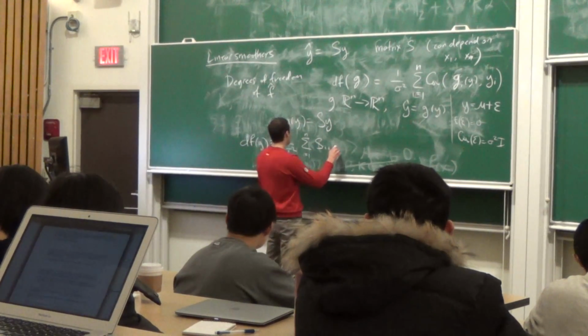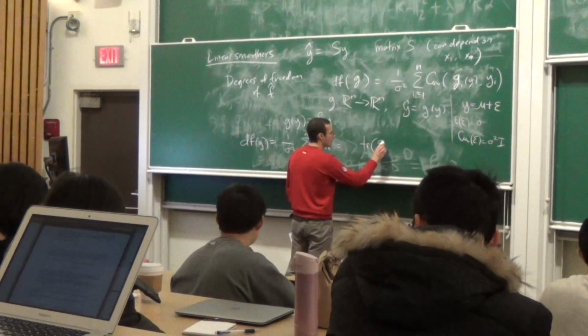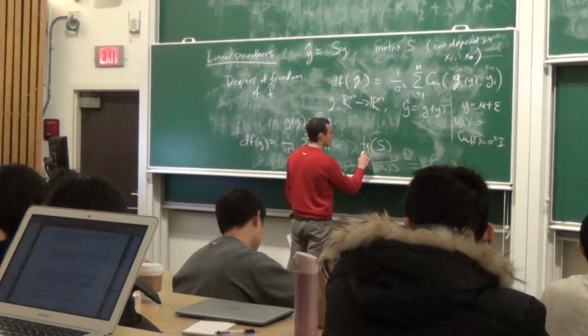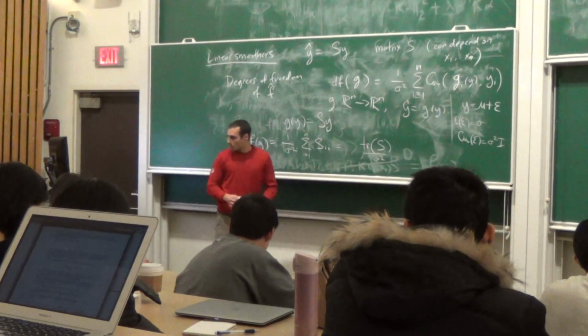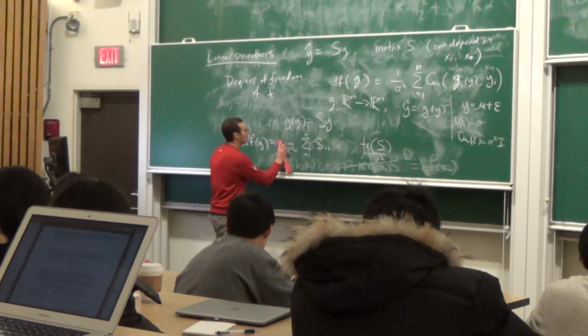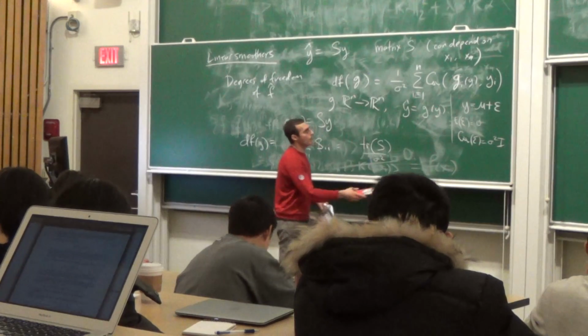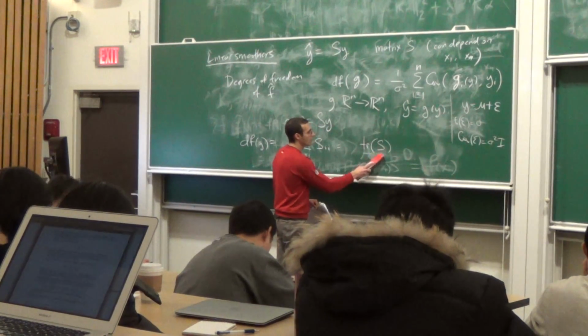Or in other words, it's just the trace of S over sigma squared. No, I'm sorry, this sigma squared goes away, because each component of y has variance sigma squared. So it's just the trace of S.